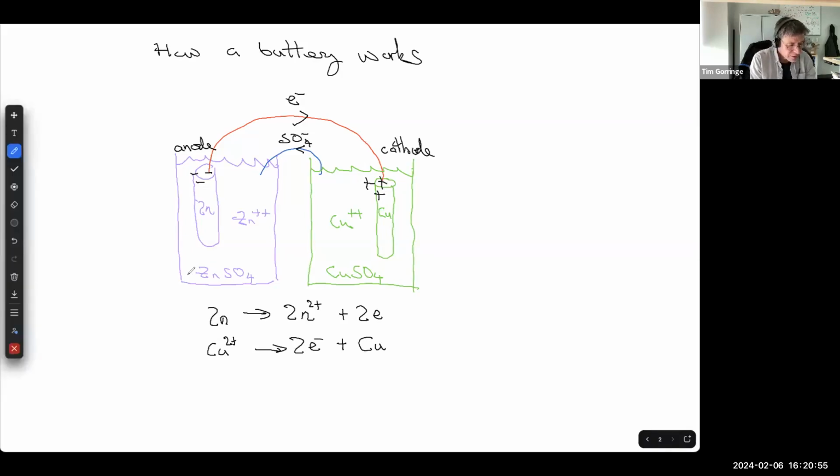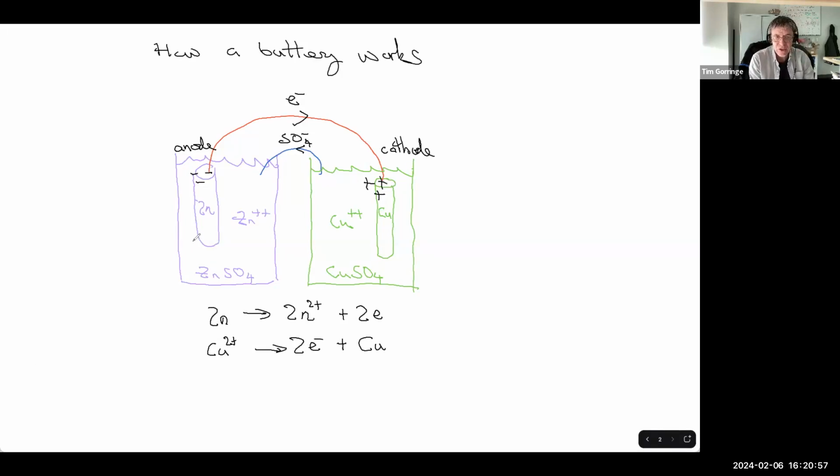And so it's via these 2 reactions, the zinc reaction on the left that's liberating electrons, and the copper ion reaction on the right, which is kind of gobbling up electrons, that this electrode on the left-hand side becomes negatively charged. This electrode on the right-hand side becomes positively charged. And this causes an electrical potential between the 2 electrodes.